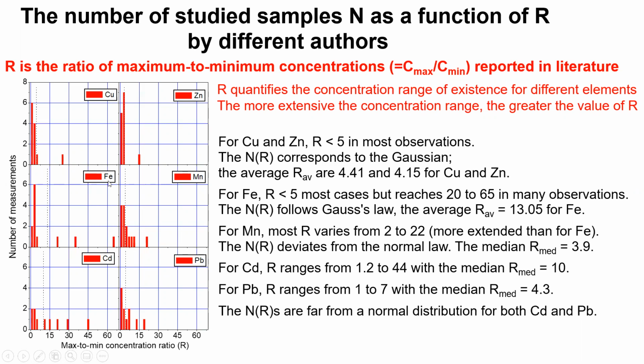Traditional concentration ranges are 10 to 20 to 100, 150 microgram per gram, while sometimes the content of iron and manganese increases tens or even hundreds of times. The anthropogenic load on plants is much higher concerning manganese and iron compared to other elements.